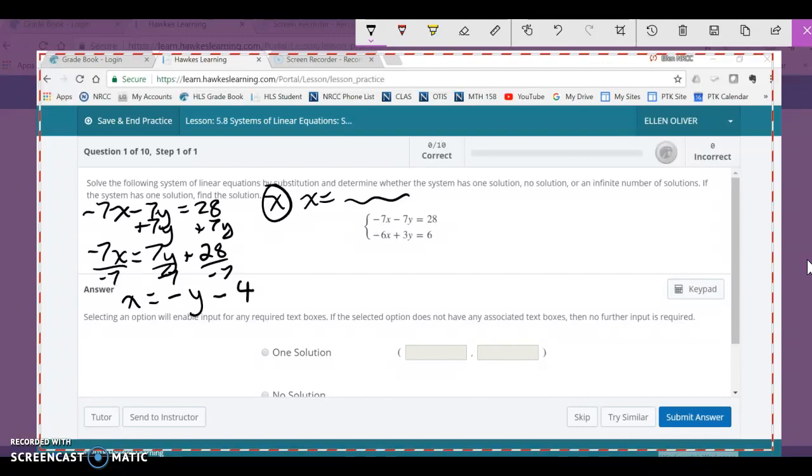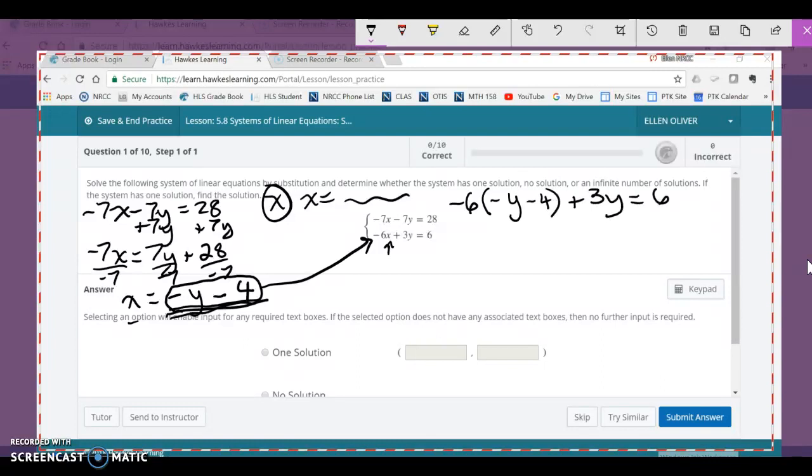Now I'm going to substitute -y minus 4 in for x in the second equation and solve for y. So -6 times, instead of x right here, I'm going to plug in -y minus 4, because x equals -y minus 4, plus 3y equals 6.